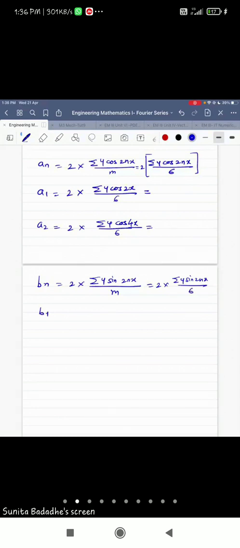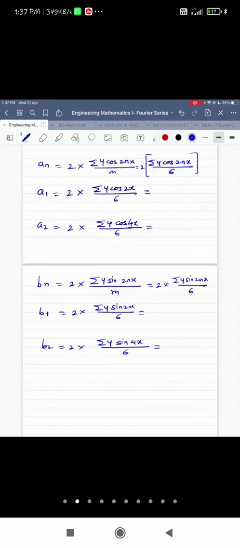So your B1 is 2 into summation y sine 2x upon 6, and B2 is 2 into summation y sine, what will it be? 4x, isn't it? Upon 6, right? So now I want all these values.